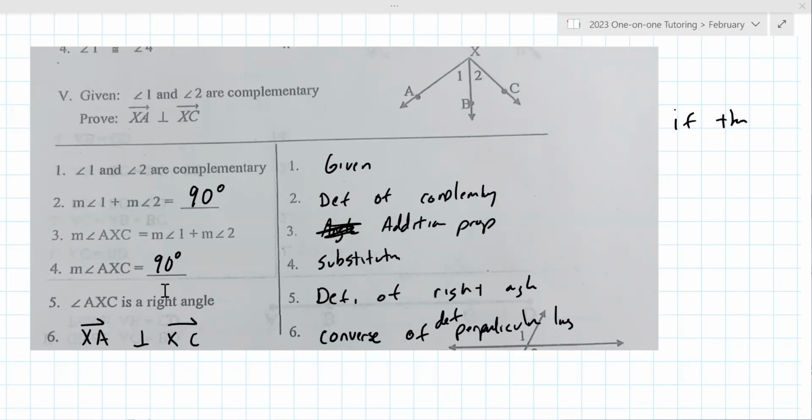But since it's the other way around, since it's a right angle, that's why I use this word converse. All right, so I think that takes care of that one.